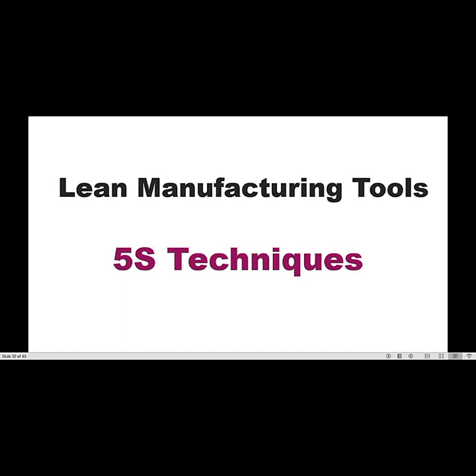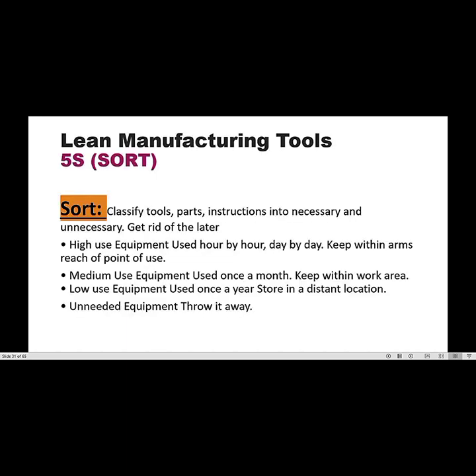And today we will discuss 5S. 5S is a tool that is used in different manufacturing industries. 5S consists of five S's. The first S stands for sort. Sort means classify tools, parts, and instructions into necessary and unnecessary. Get rid of them later.